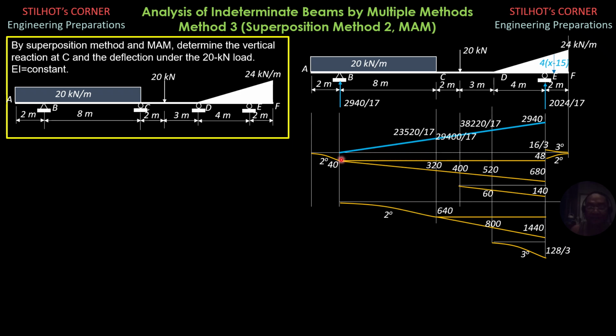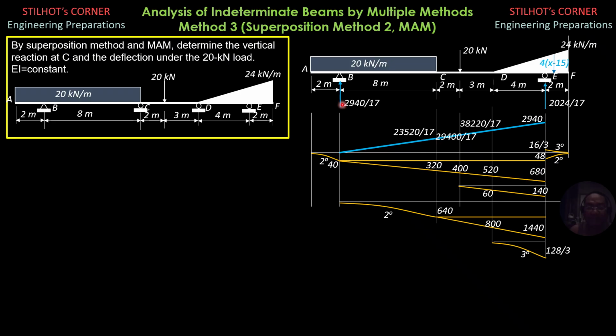So this is the moment area diagram by parts, M over EI diagram by parts, and because EI is constant, I do not put EI here. Imagine there are EIs of these values over these values, and we'll just treat it as one.